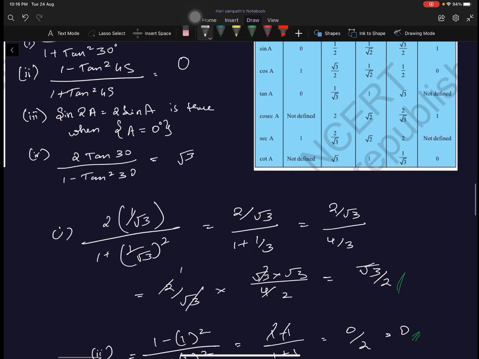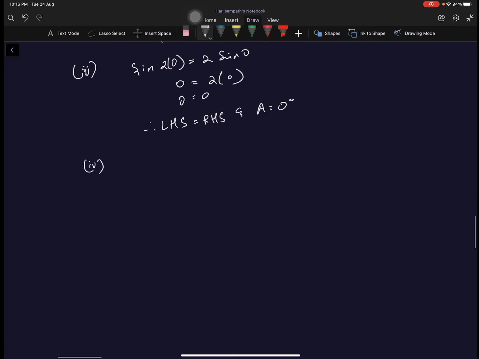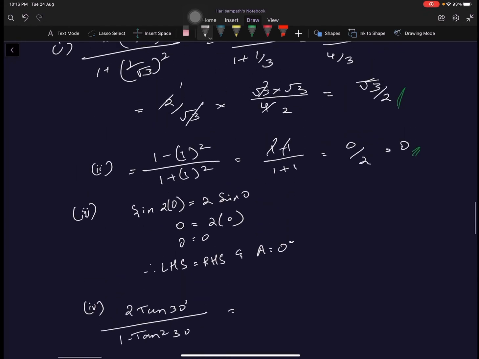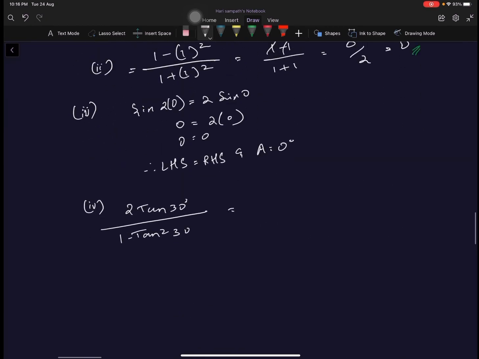Fourth one, 2 tan 30 by 1 minus tan square 30. This is gonna be very easy. We just have to substitute the values. Tan 30 will be 1 by root 3. So 2 into 1 by root 3 divided by 1 minus 1 by root 3 square.